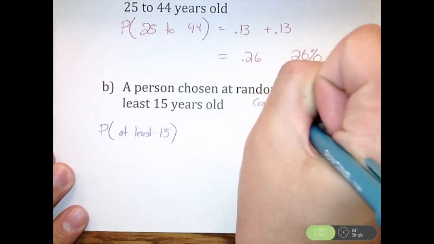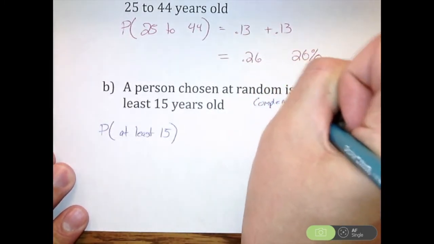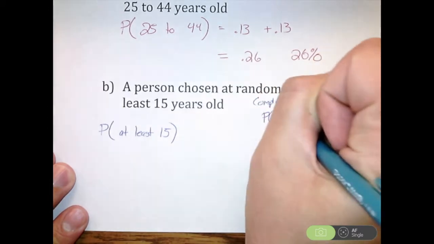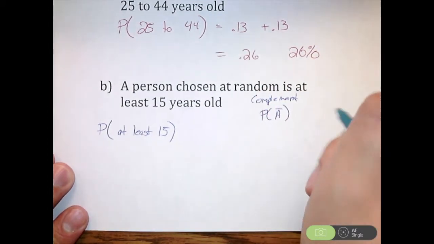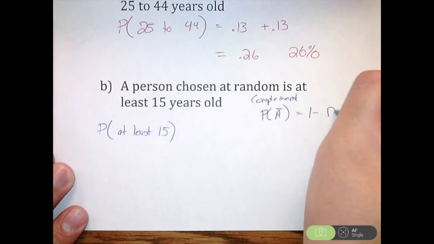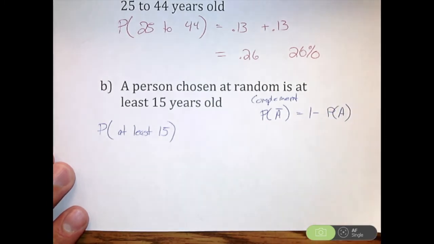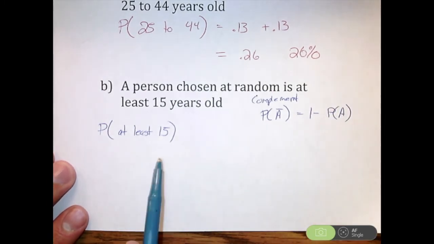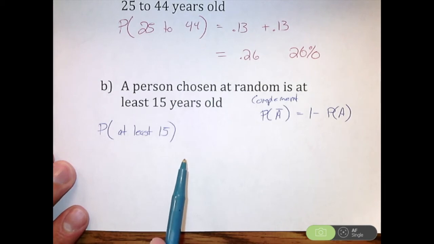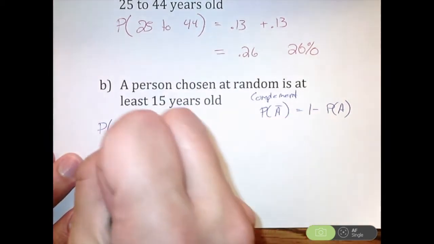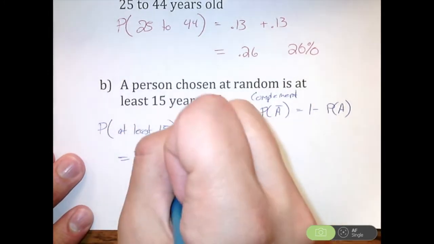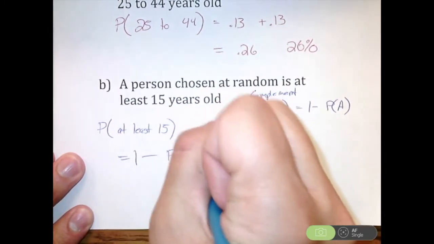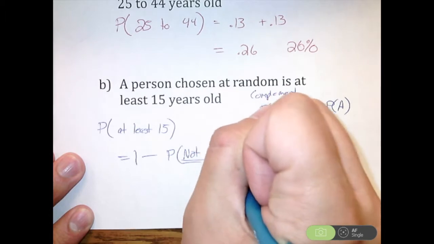What that means is if you want to know the probability of some event not happening, that's 1 minus the probability of that event. So if I want to know the probability that they're at least 15, let's figure out 1 minus the probability they're not at least 15.